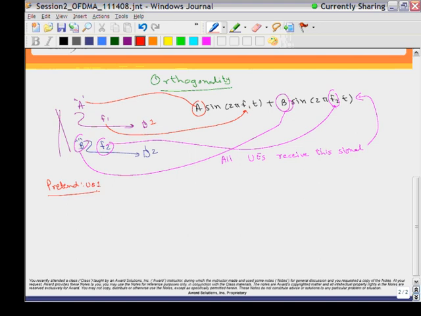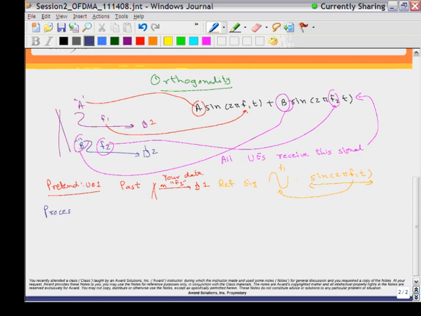Now let's pretend that you are UE1. What will you do? In the past, we have told this UE1 that your data will arrive on F1. So this UE now has a reference signal, and it is looking for 1 cycle of sine wave F1. The reference signal for UE number 1 is a sine that has a single cycle during the modulation symbol period.